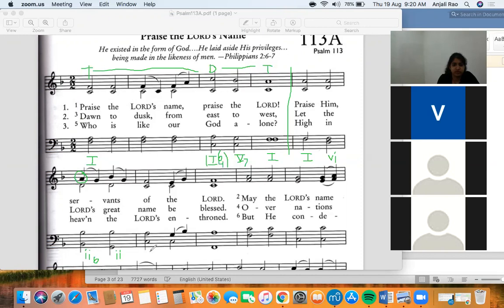So 1. 1 and what inversion? 6, 4. What inversion? F, A, C with F in the bass would be 1, 6, 4. Right? And then what's the next chord? You can consider all of these notes.